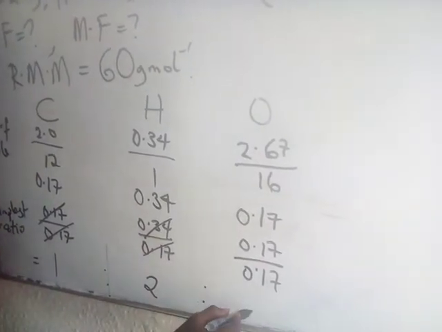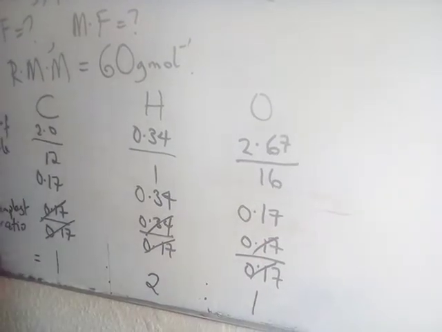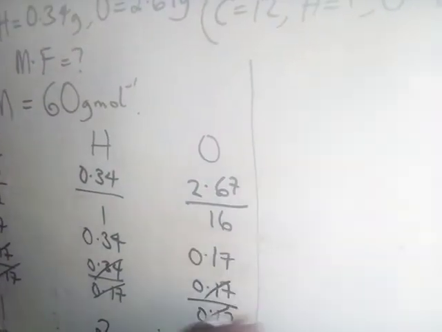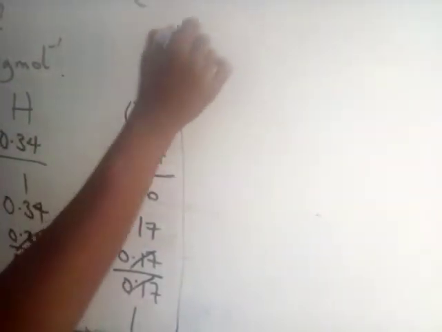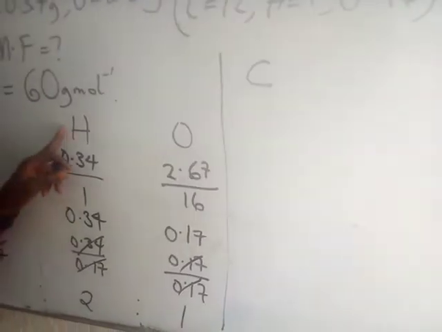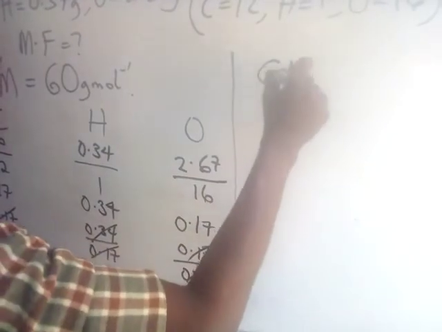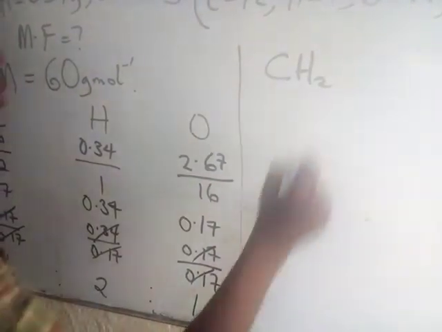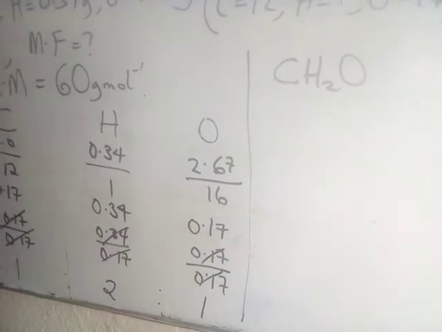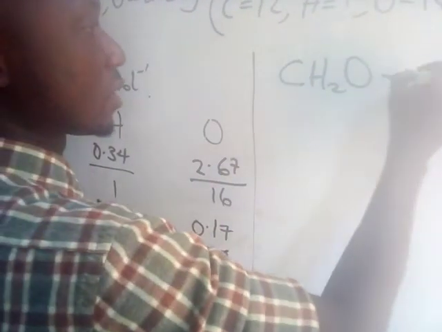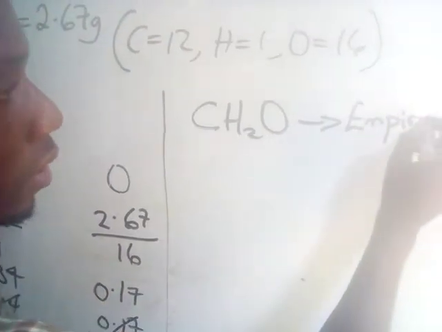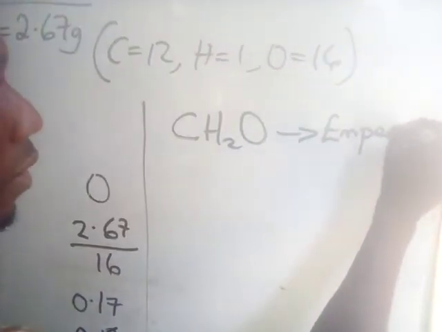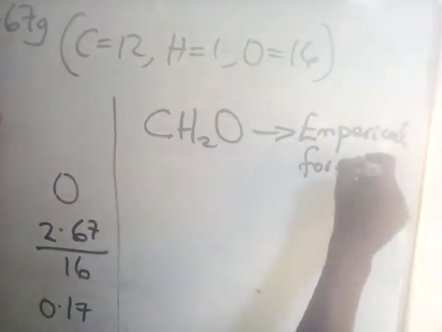And then this is what? 1. So which means the empirical formula for this analysis is how many carbon atoms? 1. How many hydrogen? 2. Then how many oxygen? 1. So we call this the empirical formula.